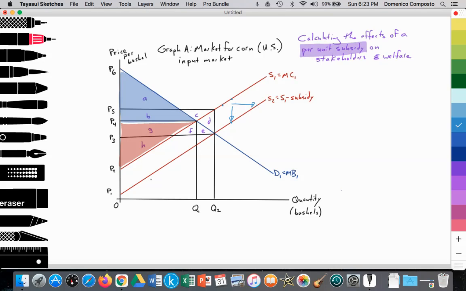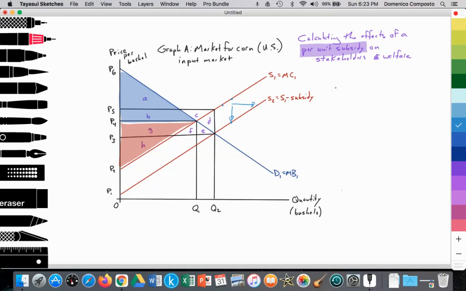You'll probably have the graph given to you on grid paper. And once you've established that new supply curve, then you'll pay attention to where S2 equals D1, and then you'll draw the new equilibrium price at P3 and the new equilibrium quantity with the subsidy at Q2, and then you will go on to make a few other calculations.